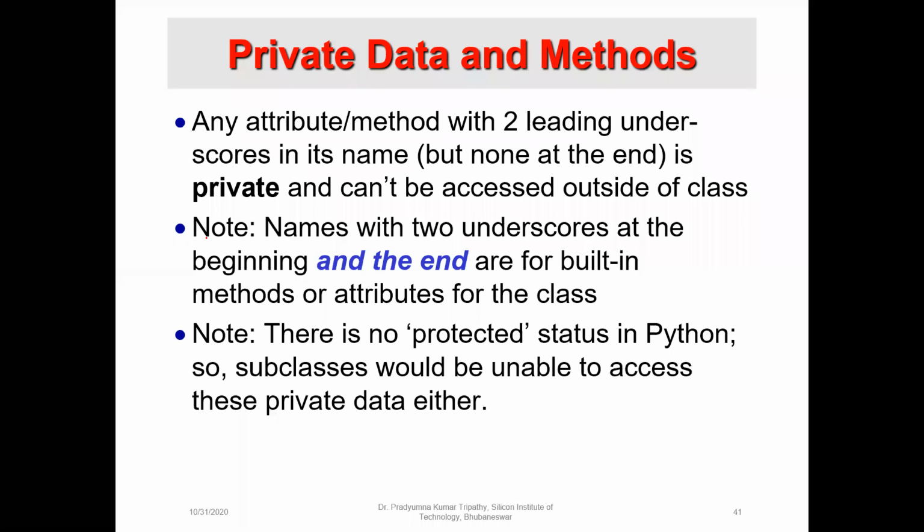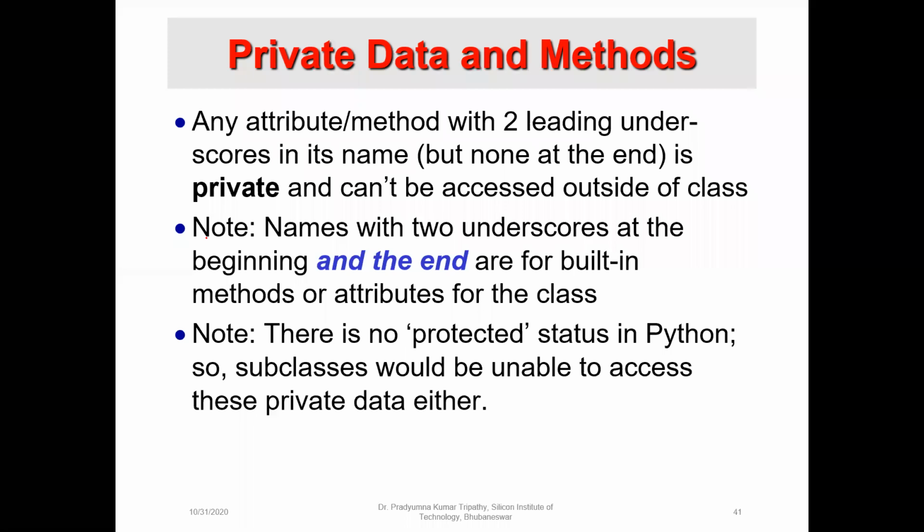But I want to make some of the data members or methods private. That you do usually in C++. In C++, the data is more secure. We define most of the data in the private section. In fact, by default it is private.